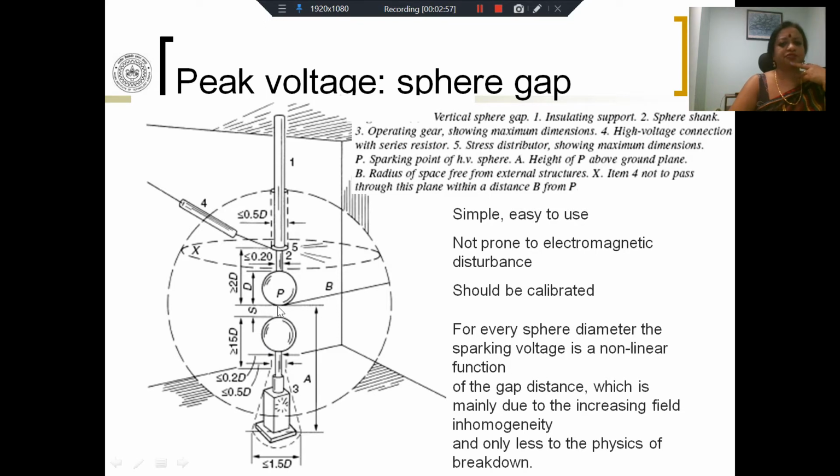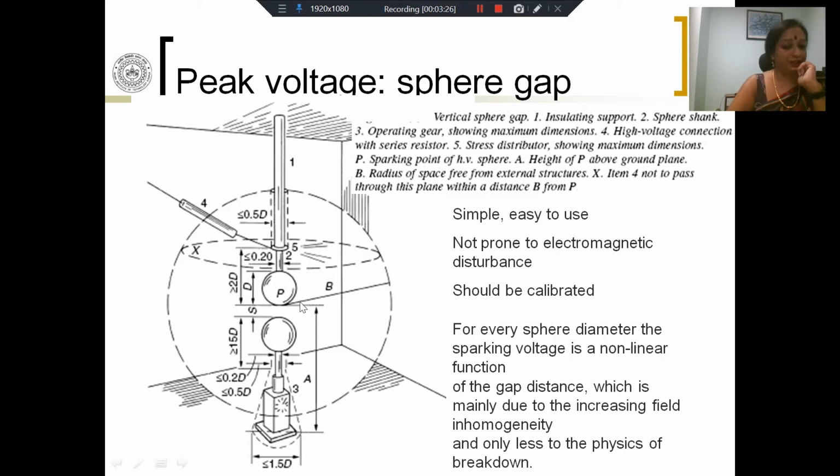The advantage of the sphere gap is that, firstly, there is a considerable region where you have a perfectly uniform field, and whatever non-uniformity there is would occur away from it. The non-uniformity is much less than, let's say, when you have a finite parallel plate, which ends in sharp edges, or even a rod.